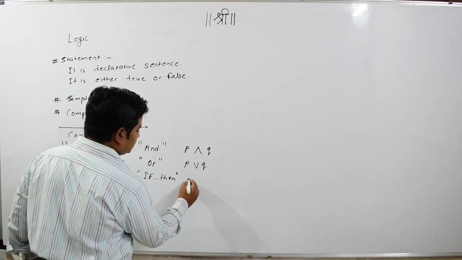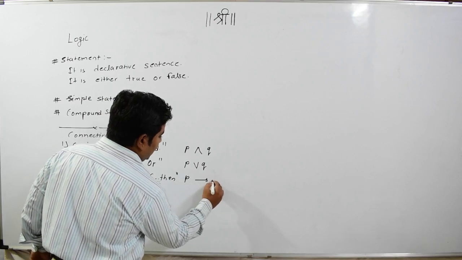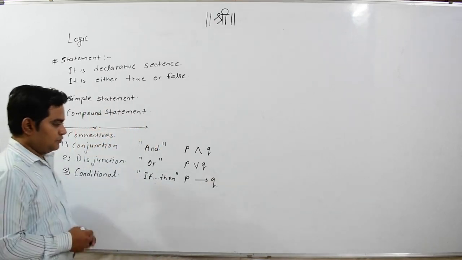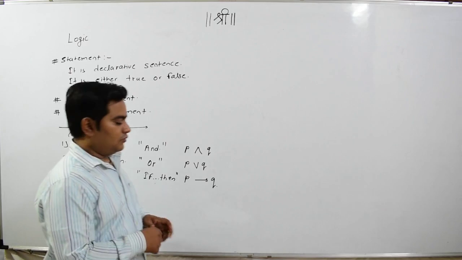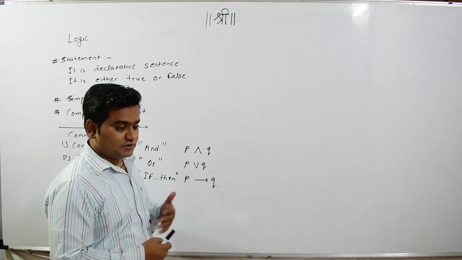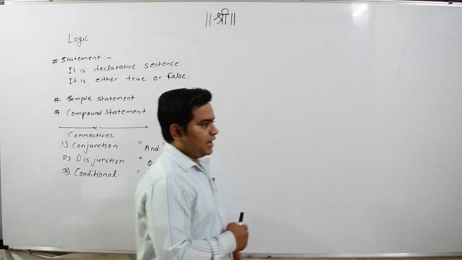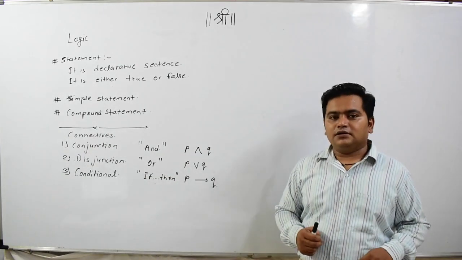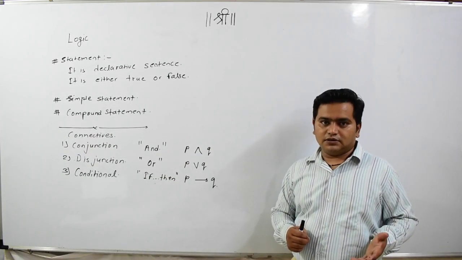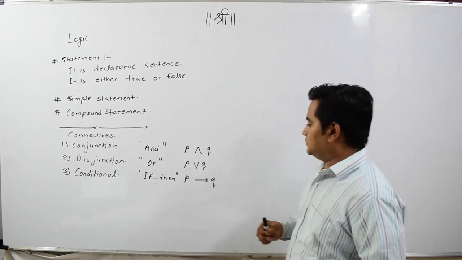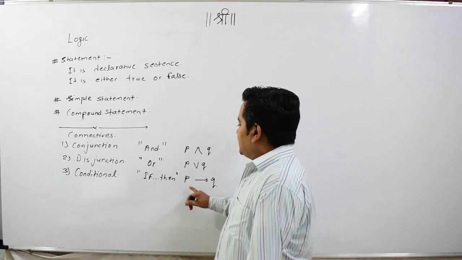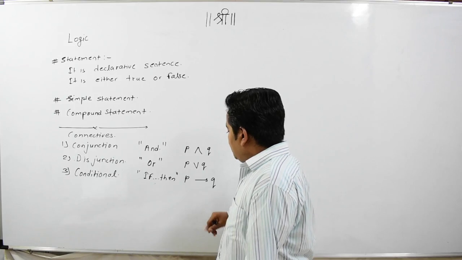So P implies Q. Now what should the statements be in statement form? How can we use this? For example, if the sky looks cloudy, then today there is rain. In this pattern we can use this implication.